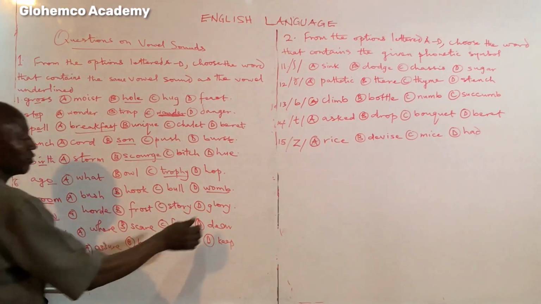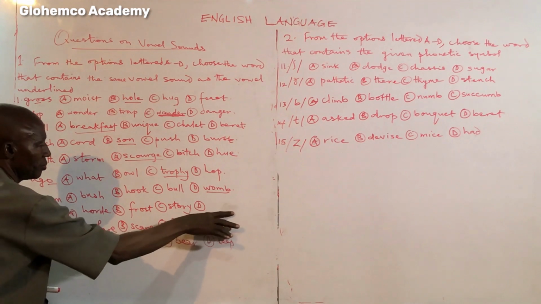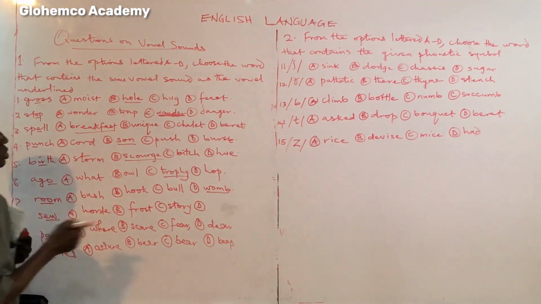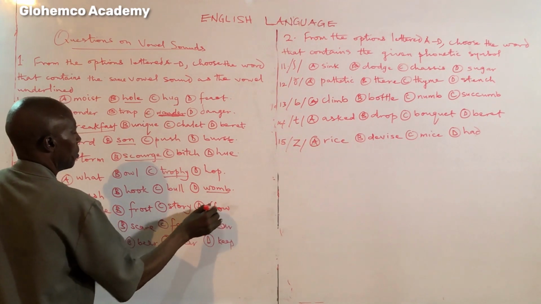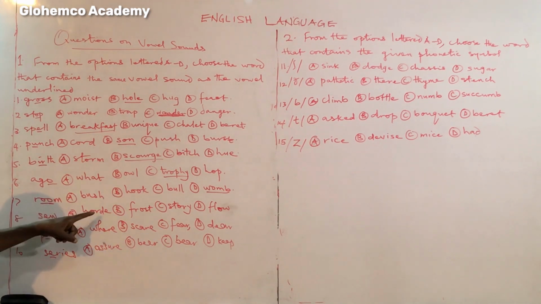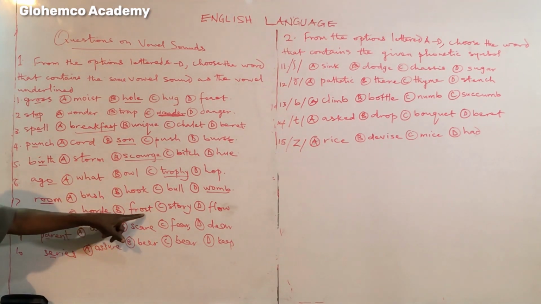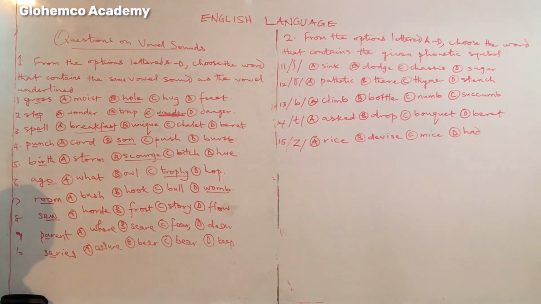But let's create an answer for it. This is soul. Then we can have this one. That's flow. Flow. Soul. Flow. This horde, long O. This frost, short O. This story, long O.